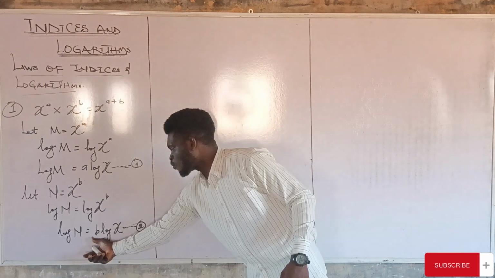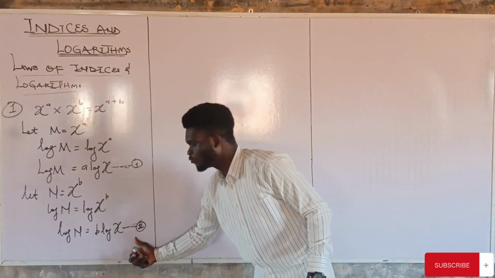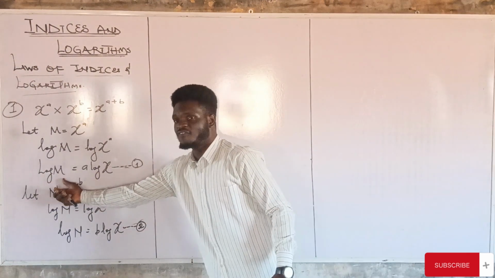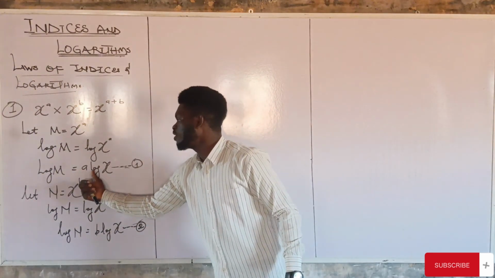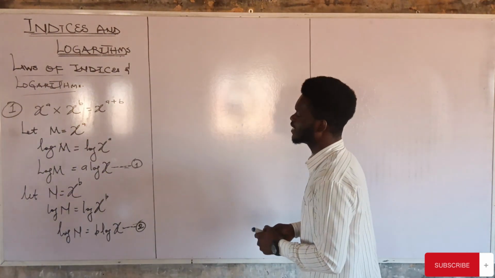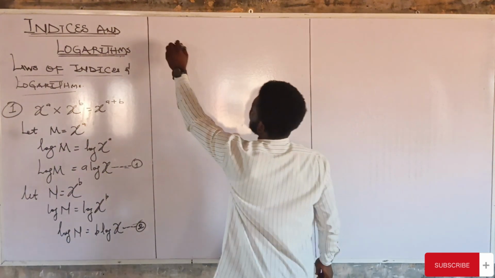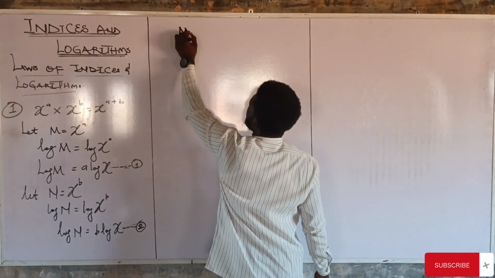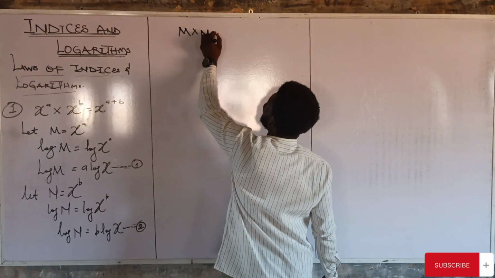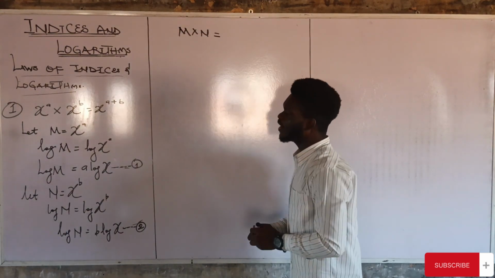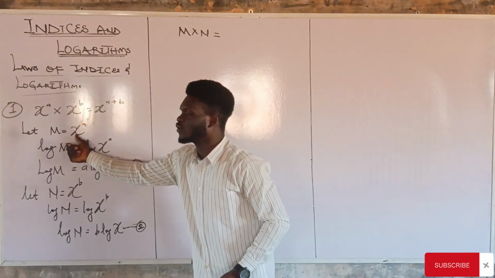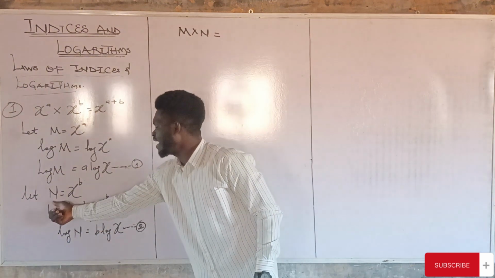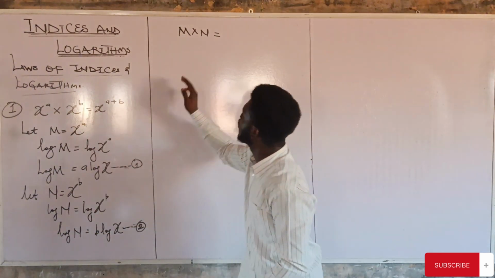So log n is equal to b log x, which is equation 2. And for m, we found out that log m is equal to a log x. Once you've done that, the next thing to do is to say m times n will be equal to what? If m is equal to x raised to the power of a and n is equal to x raised to the power of b, we can substitute that.